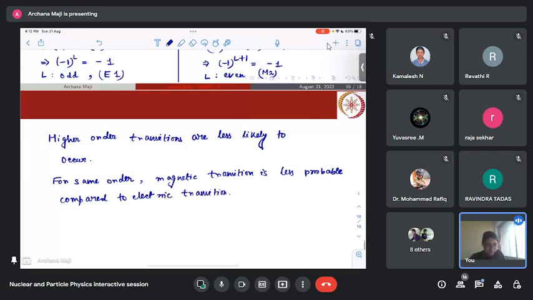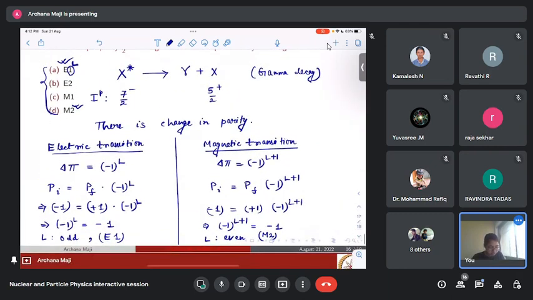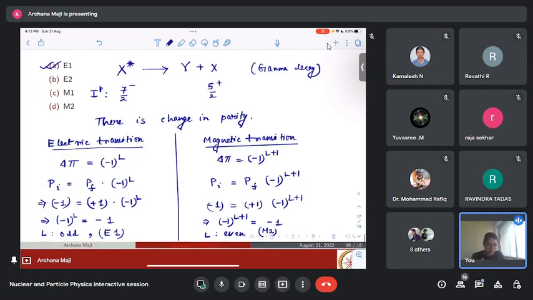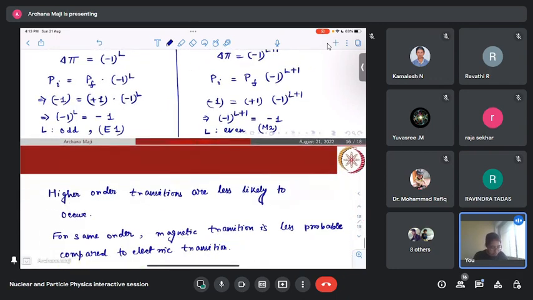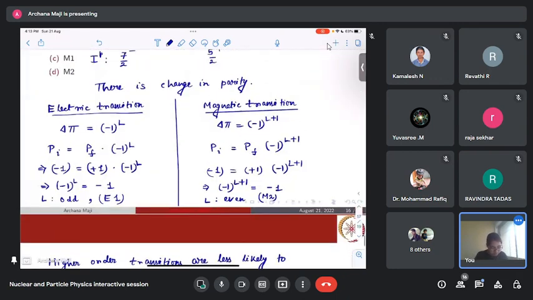But we can already see that the correct option will be E1 and not M2, because magnetic transitions are less likely to occur, and also higher order transitions are less probable.